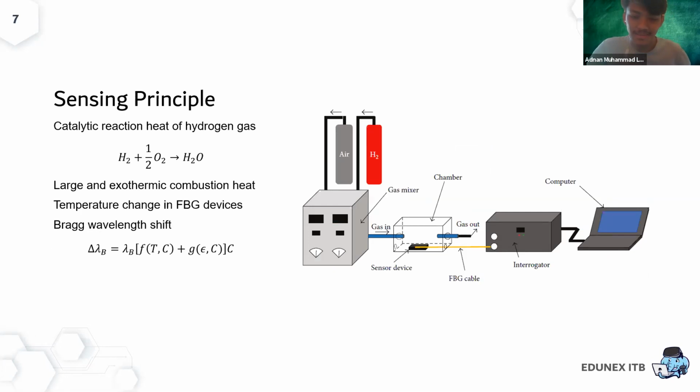Those two gases will be delivered to the chamber that contains the sensor device, and the reaction between the hydrogen and oxygen is an exothermic reaction, and it will release a lot of heat, right?